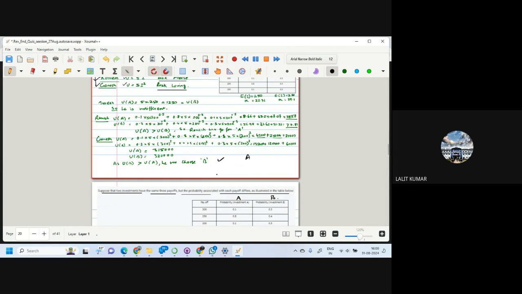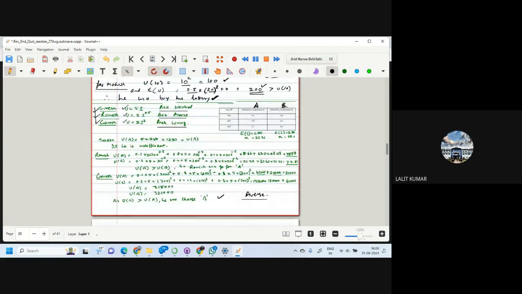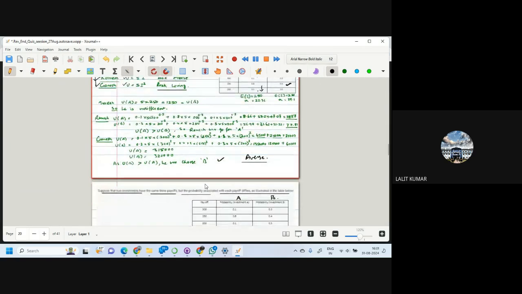So we find the averse one, he will select some investment, for example, A in this case. The neutral will be indifferent, and the risk loving will go for B because here likely his utility will be more. So these are the calculations for that.